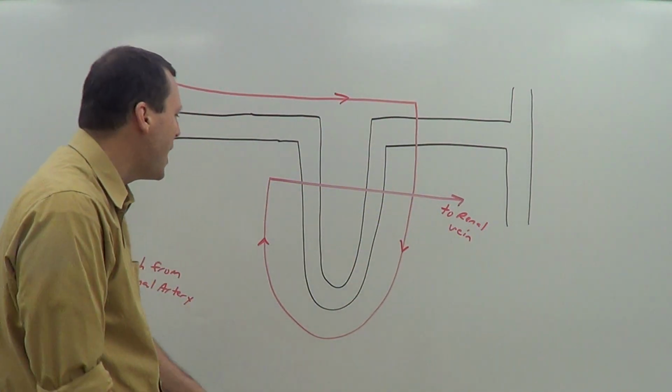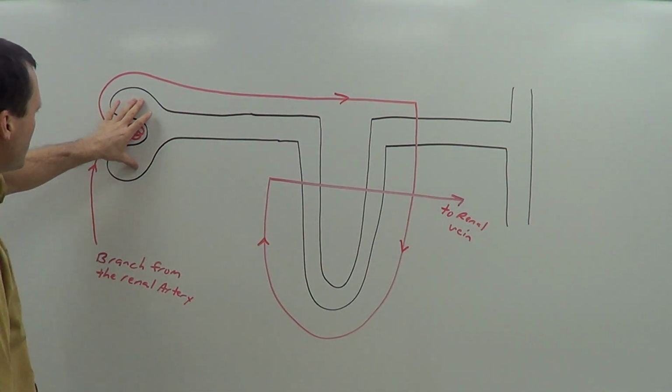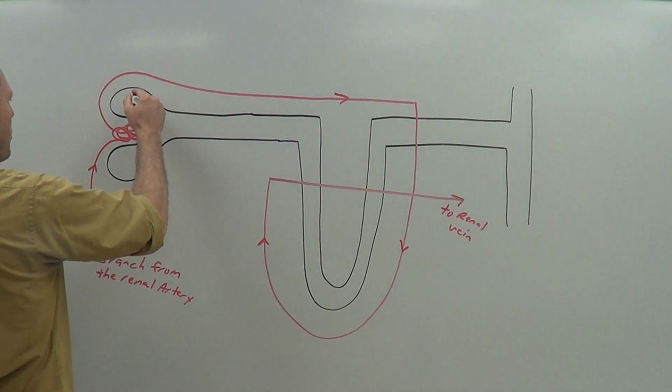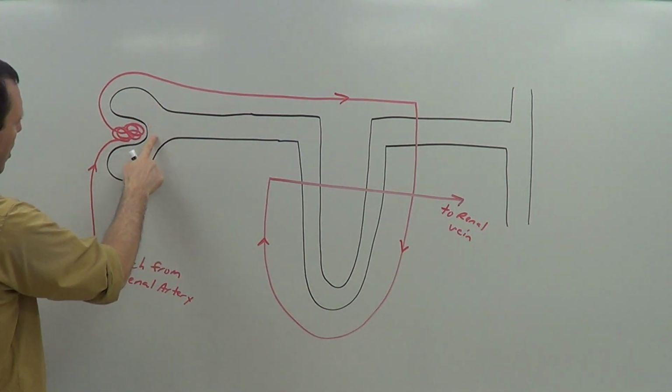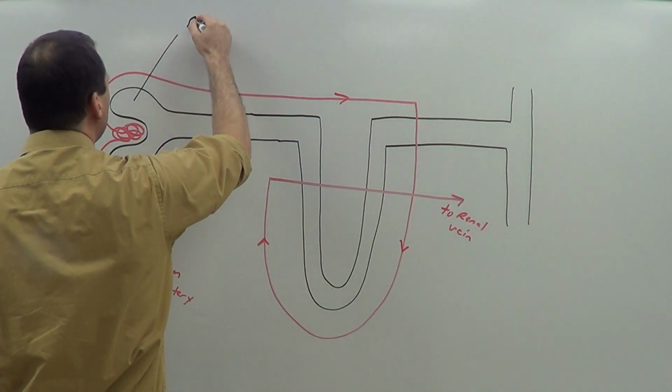Now let's go ahead and begin to label the different parts of the nephron. So let's start here. This structure right here, all of this, is going to be the Bowman's capsule.